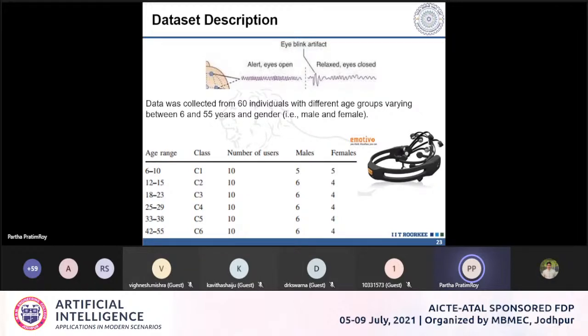It is a controlled environment, which is not possible if the user moves in an external environment. If you think, I will use this EEG device when I move in a market, in a fish market, then there will be lots of noise, so you will not get the data properly.